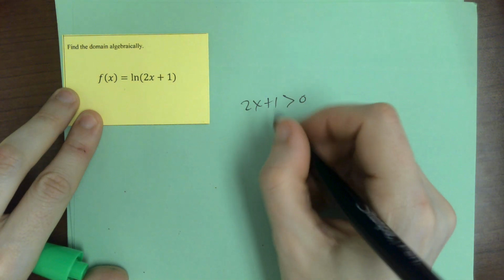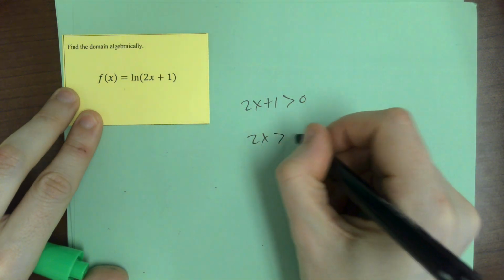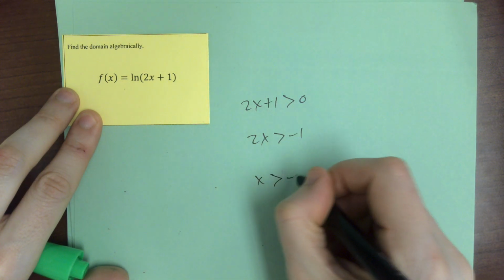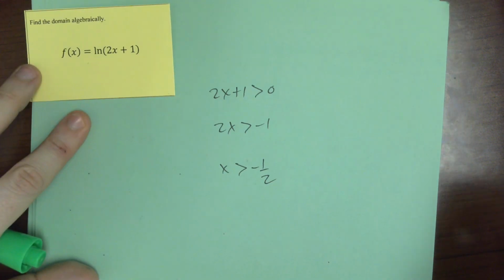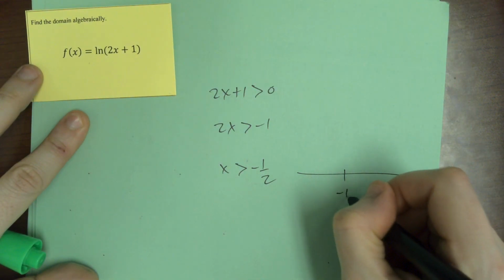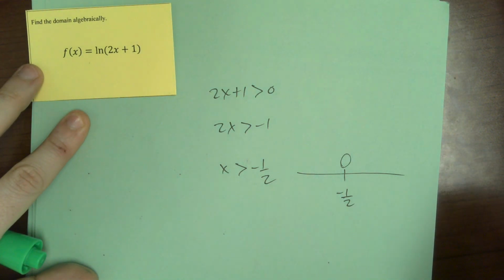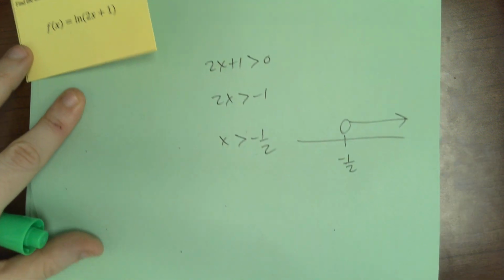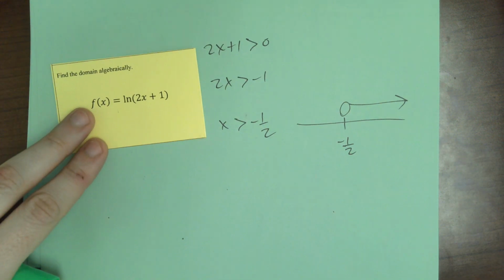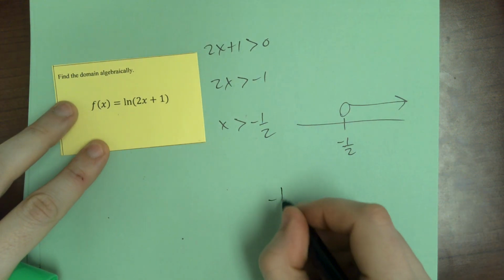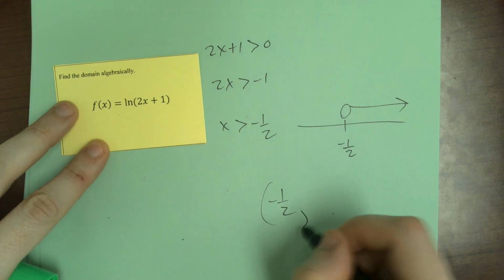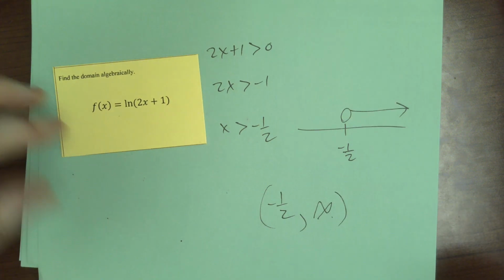Subtract the 1, divide by 2. So 2x is greater than -1. Right? And then you could draw a number line, -1/2, open circle, x is greater, so the x's are to the right. So the domain is -1/2, not including, to infinity.